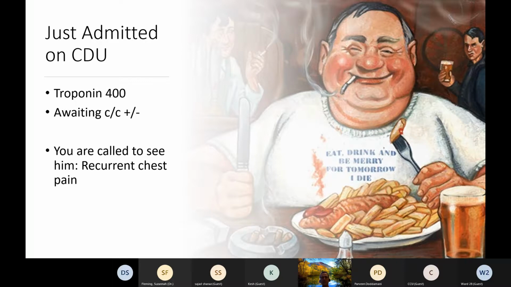It gives you moments to think about what else you might need to be doing. The fact that he's complaining of chest pain, you can be pretty sure that he's got an airway and he's breathing and that he's got circulation. And you could certainly examine him, but you'll be able to see the moment you look at him how desperately unwell he might be.